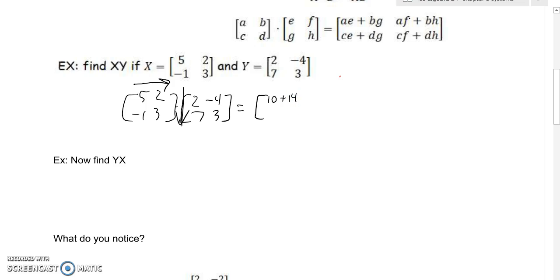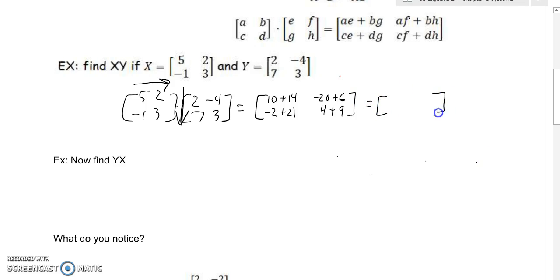We now do 5 times negative 4 is negative 20, and 2 times 3 is 6. Negative 1 times 2 is negative 2. 3 times 7 is 21. Negative 1 times negative 4 is positive 4. 3 times 3 is 9.